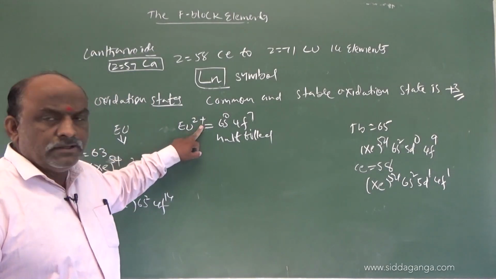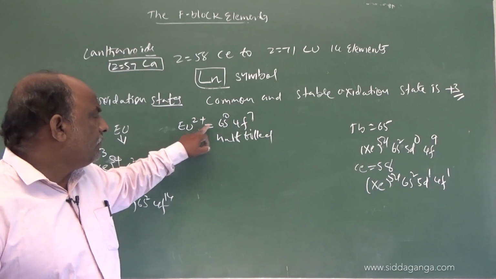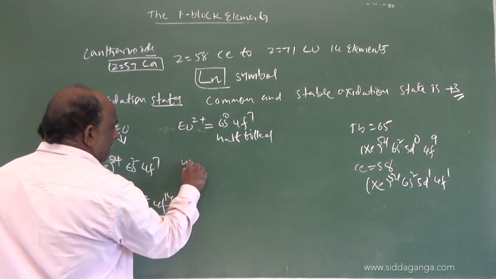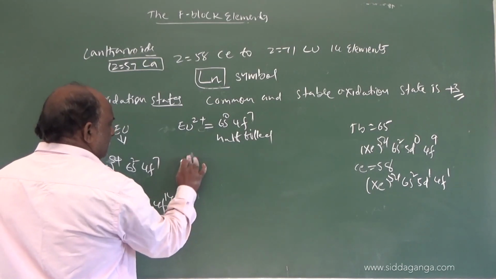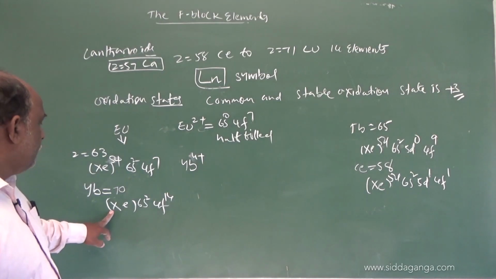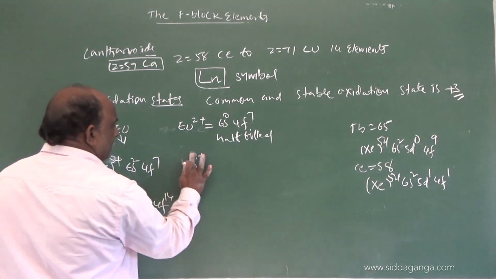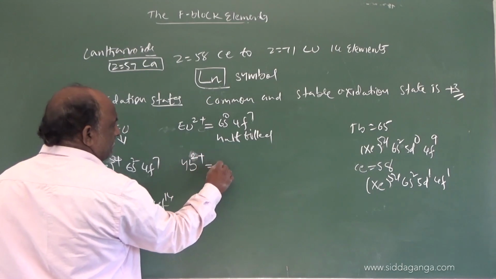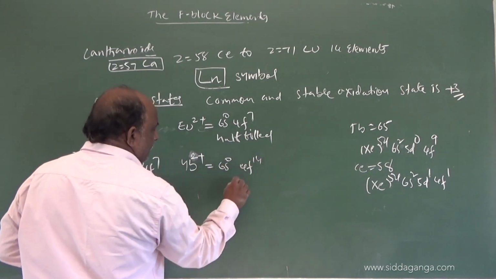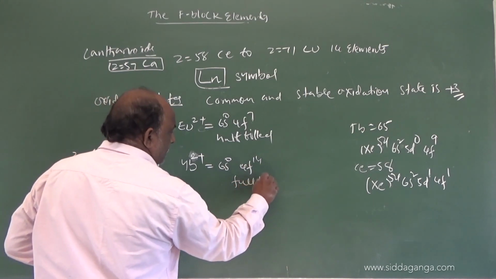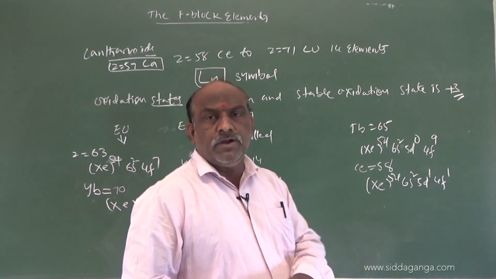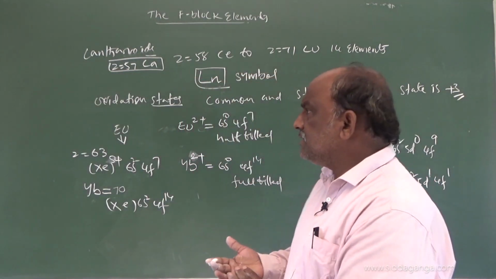Next Yb2+. What is the configuration of Yb2+? 6s0, 4f14. It is a fully filled electronic configuration.